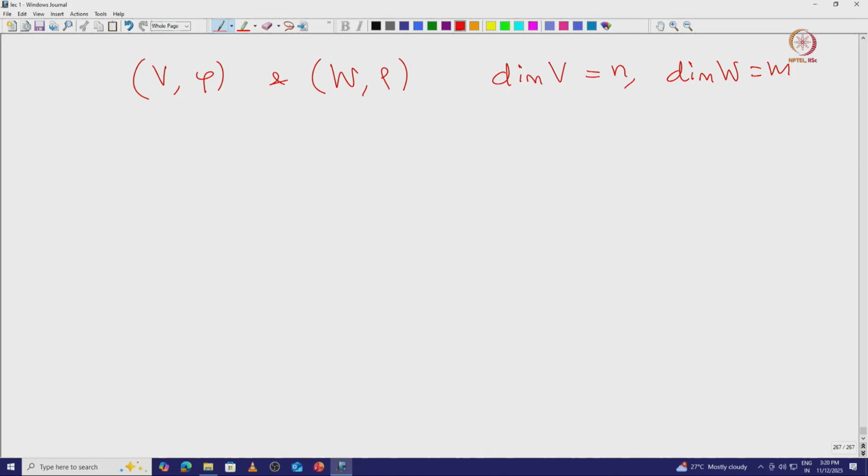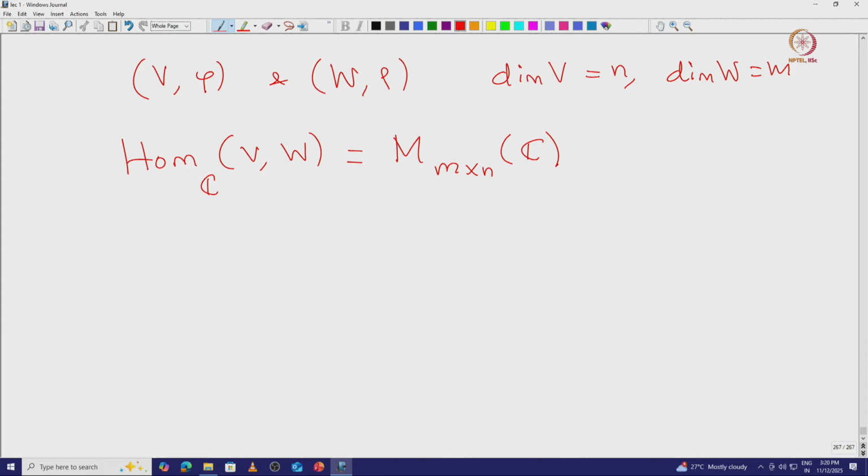So, now by fixing a basis of V and W, we will be able to identify the Hom space Hom(V, W) to the set of all m by n matrices. So, now we want to do all computations in terms of these matrices.